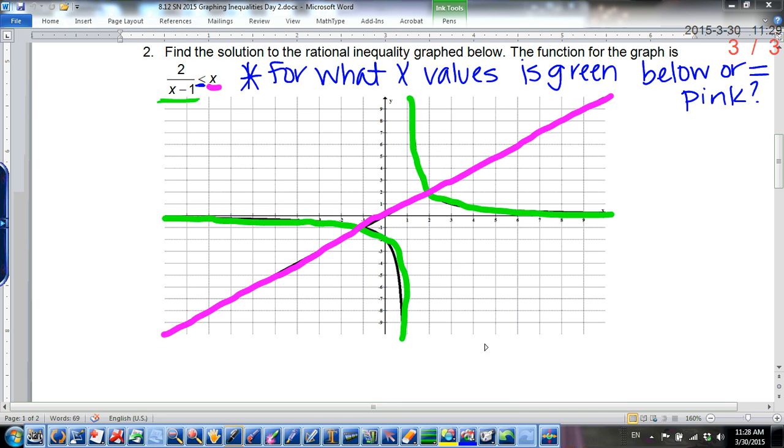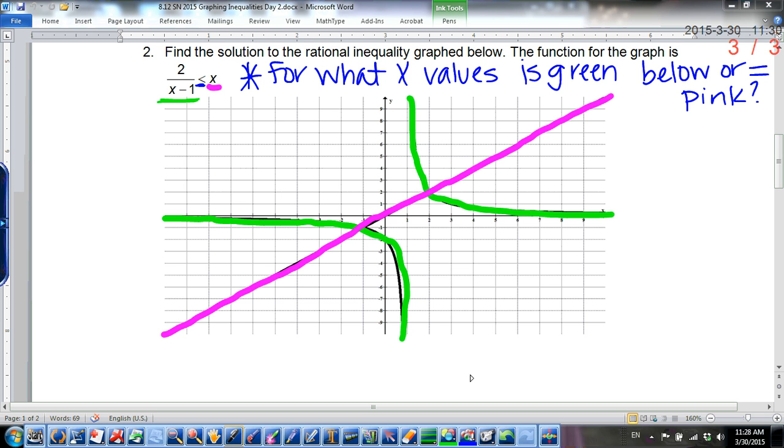So on your paper, take a second and try and circle the areas where that's going to happen. What's important for us to notice, okay, horizontal will help us a little bit, but what's going to help us even more? Vertical. Yeah, the vertical.